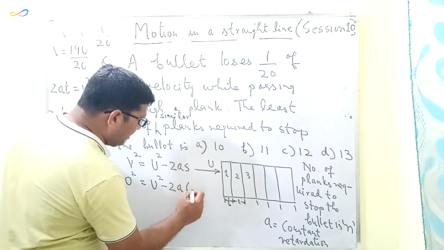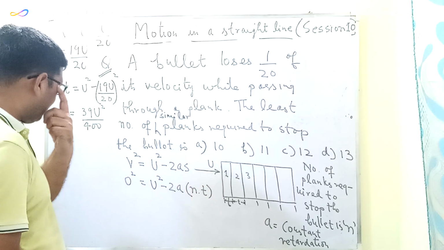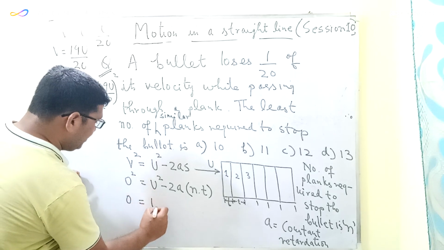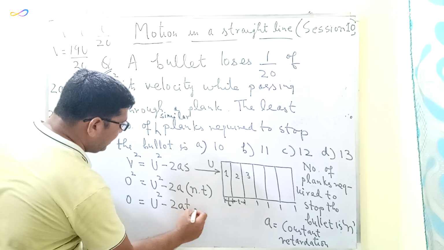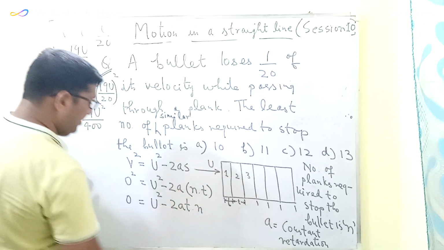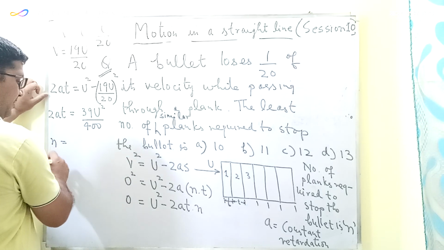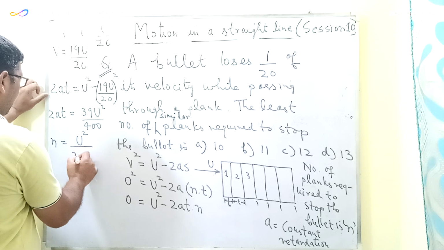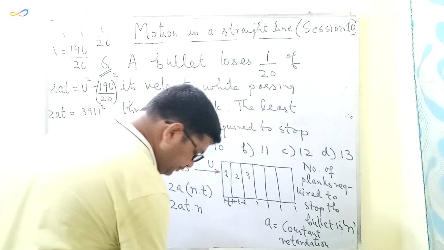So s will be equal to n into t. From this equation, I am getting 0 is equal to u square minus 2at into n. Or we can say that the number of planks required, n, is equal to u square divided by 2at.